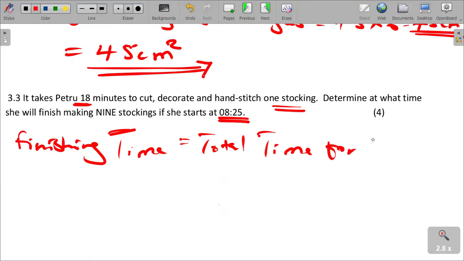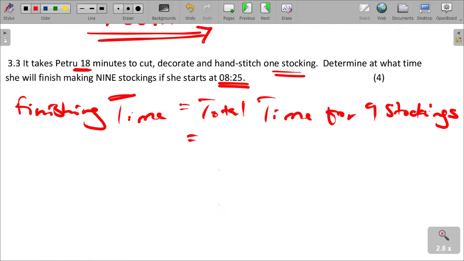We are given that it takes 18 minutes, so total time is equal to 9 multiplied by 18, which is going to give us 162 minutes.